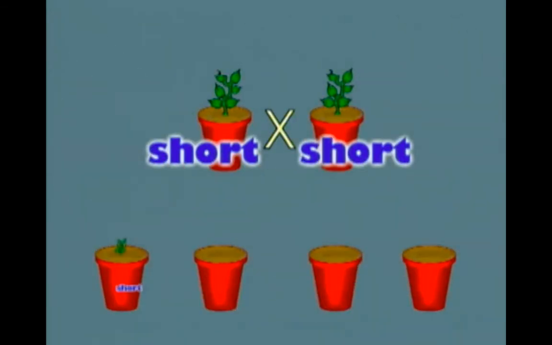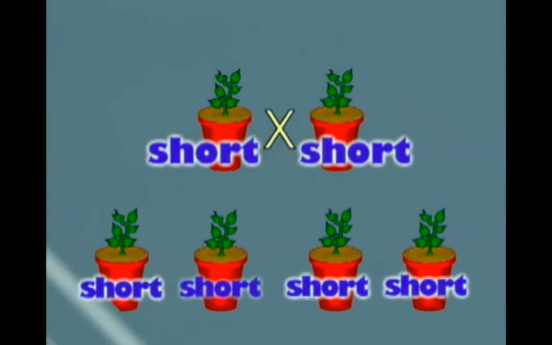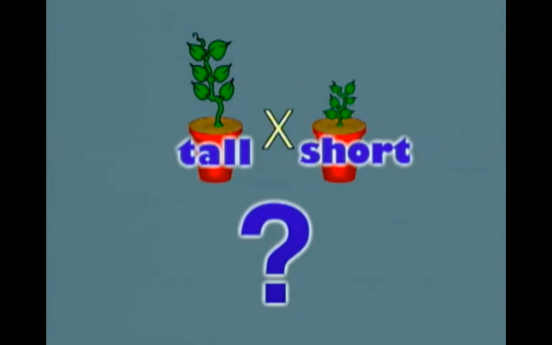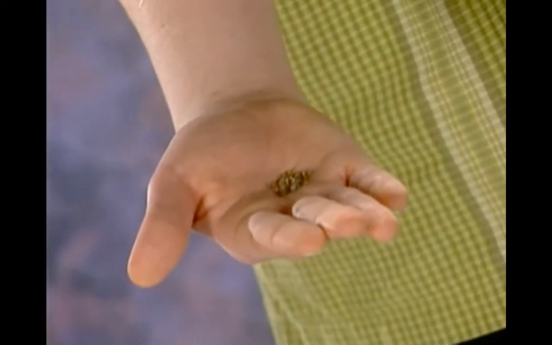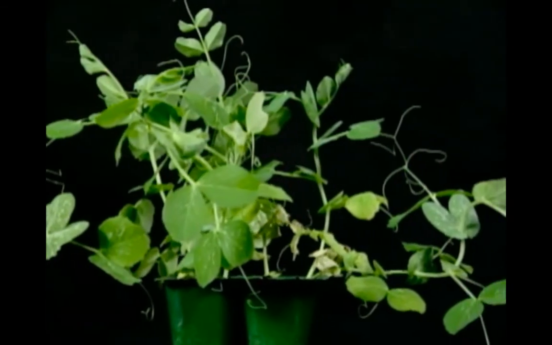And he bred 2 short pea plants, resulting in all short offspring. Right, but when Mendel bred one of those new tall plants with one of the new short ones, guess what happened? He got seeds that made medium-sized plants? That's exactly what people thought back in Mendel's day.